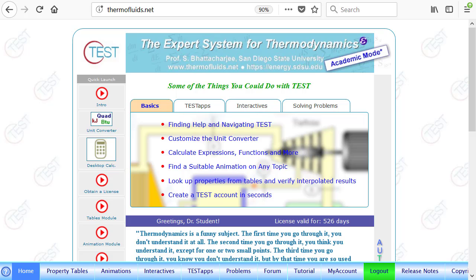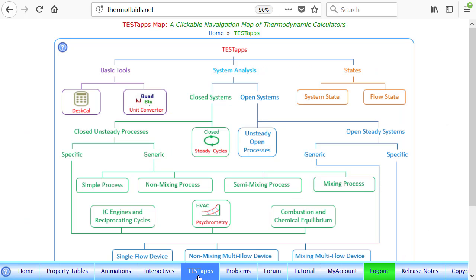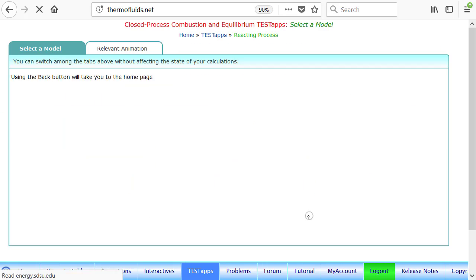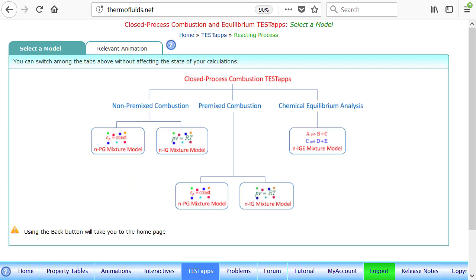Okay, so we go ahead and launch the appropriate test step. In this case, again, we'll follow the closed system branch, combustion and chemical equilibrium covered here. Now, chemical equilibrium is not needed, so let's exclude that. For all kinds of reactions where you know the product composition, we have either non-premixed or premixed combustion.